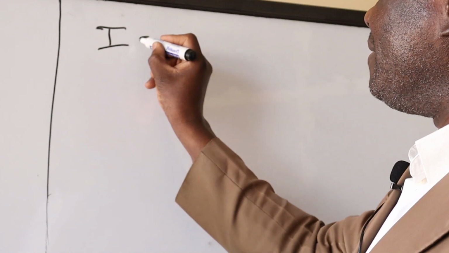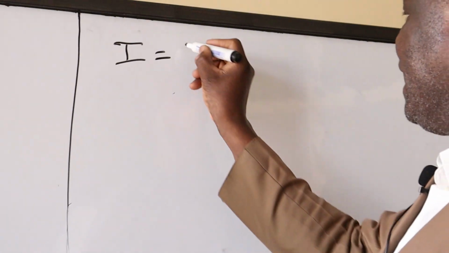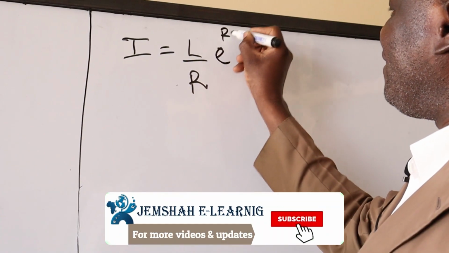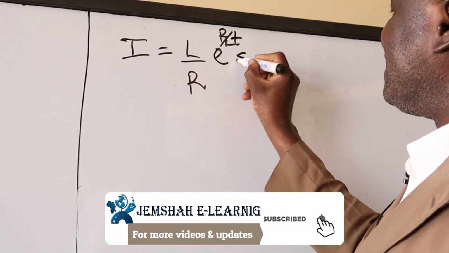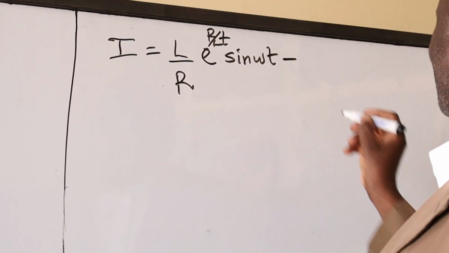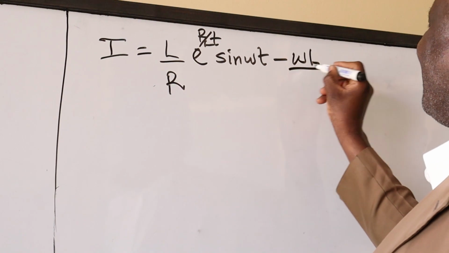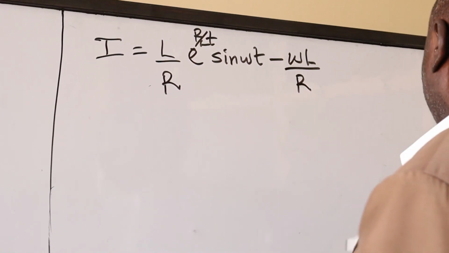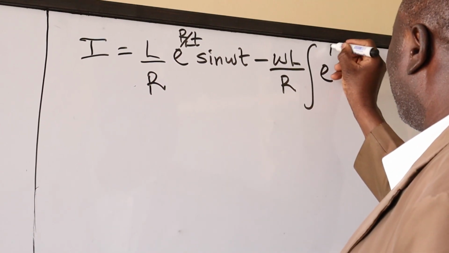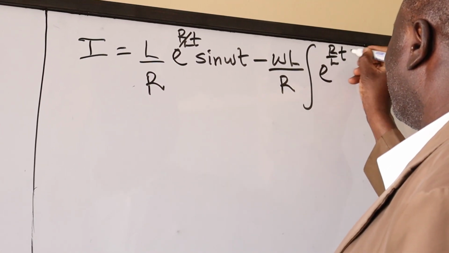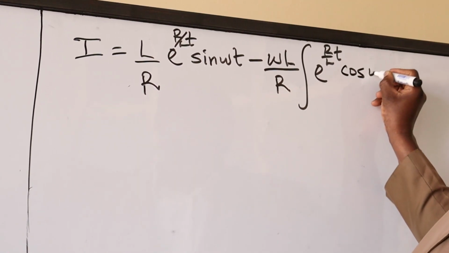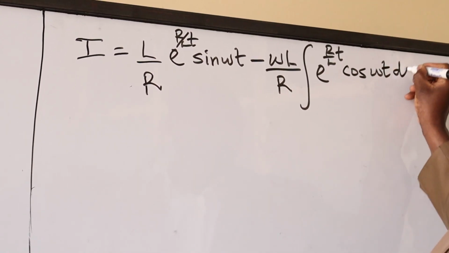is equal to L all over R exponential R all over L t sine omega t minus omega L all over R, the integral of exponential R all over L t cos omega t dt.